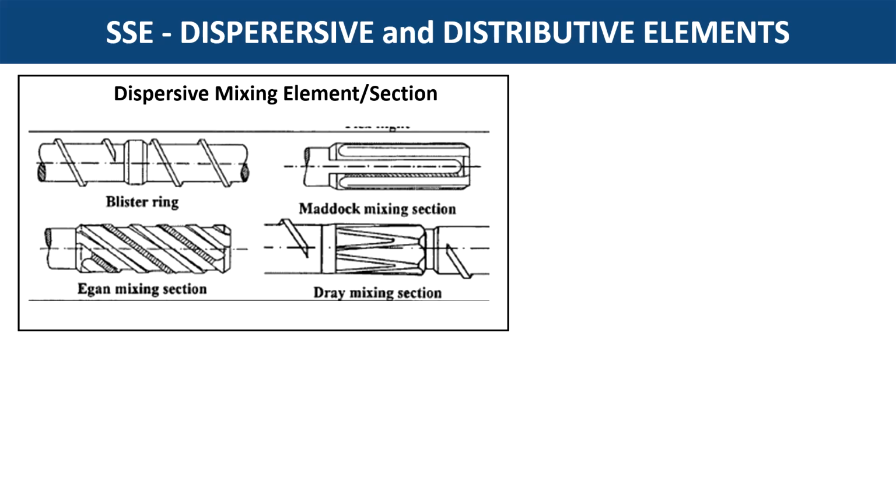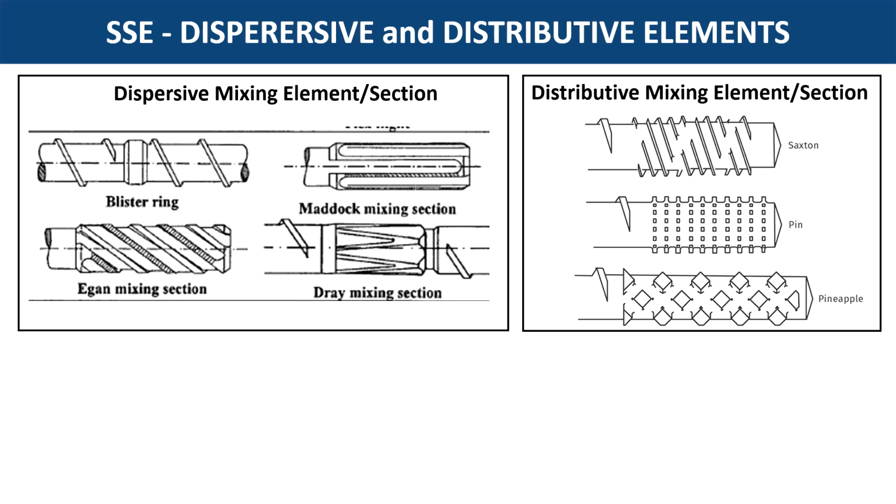Some of the screw elements which are used to enhance dispersive and distributive mixing are shown here. Incorporation of blistering rings, Madoc and Egan mixing sections helps to increase dispersive mixing. Similarly, the flow pattern can be changed by using pin or pineapple type screws and thus achieve better distributive mixing.